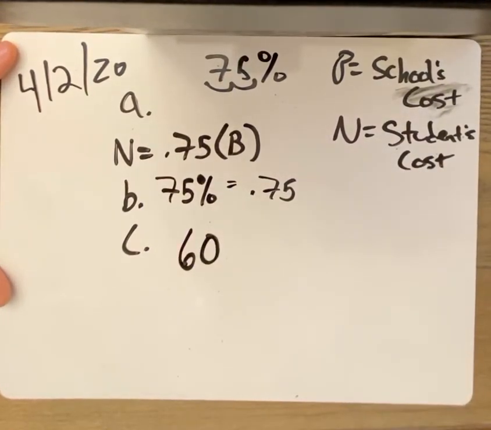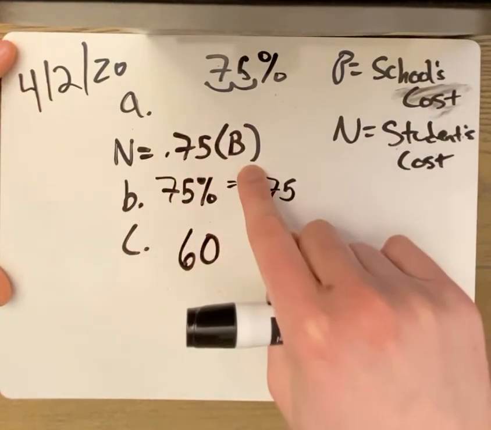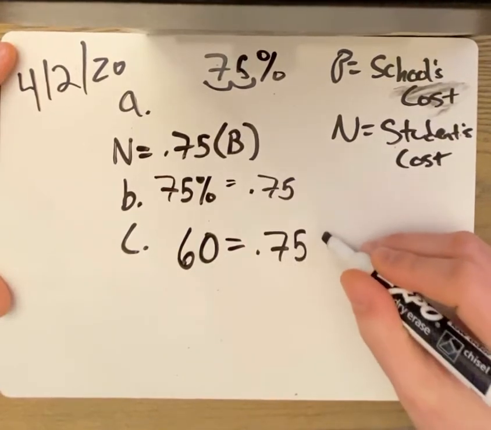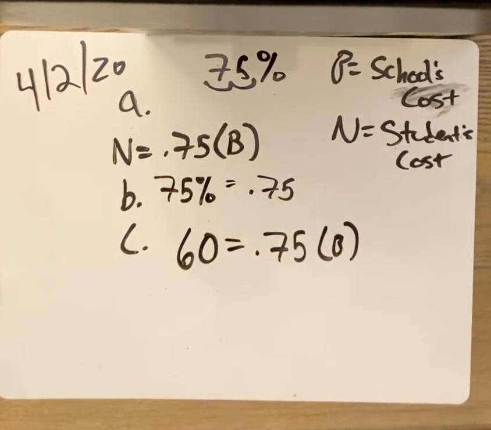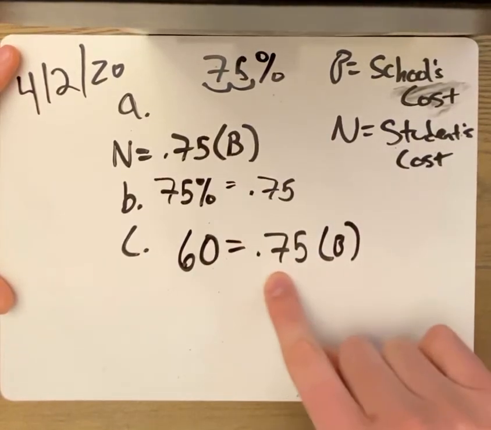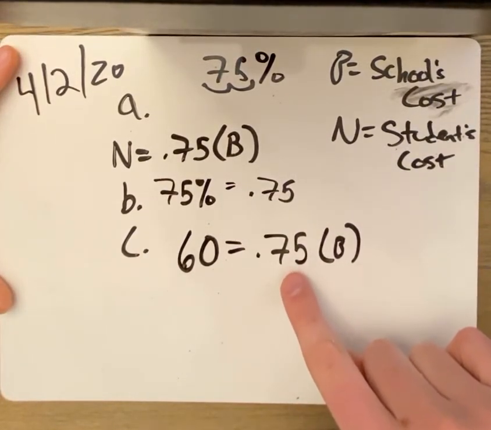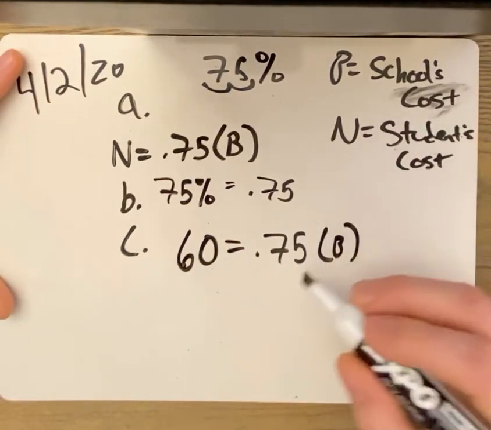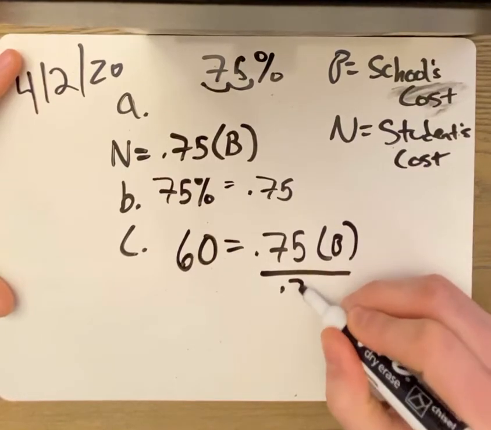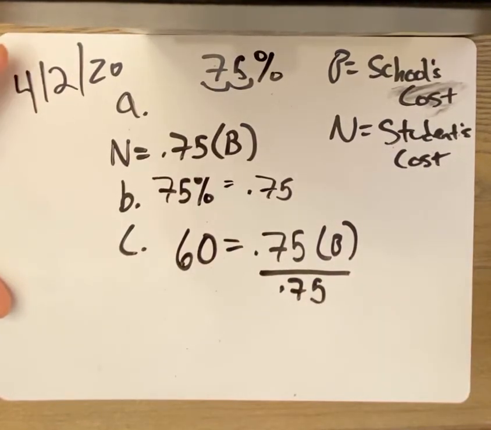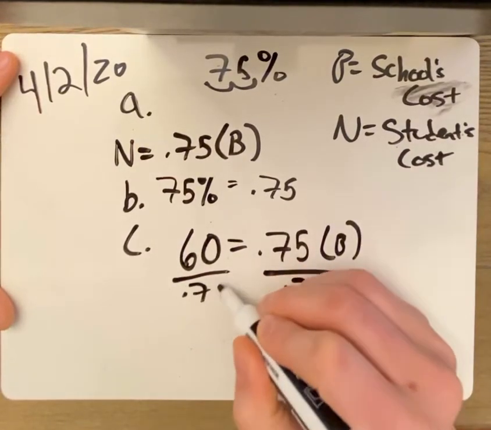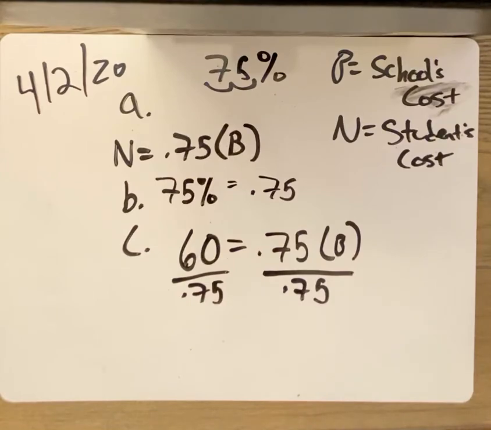Now all you have to do is set the rest of this up: 60 equals 0.75 times B. What's the opposite of multiplying? We want to get B isolated, so we have to divide. Golden rule of math, what you do to one side, you do to the other. So now I'm dividing 60 by 0.75, or 75 cents, if you will.